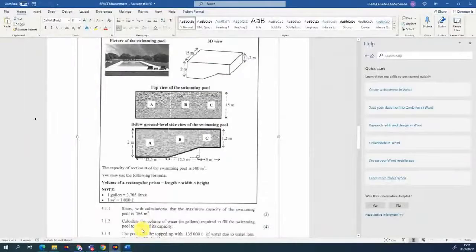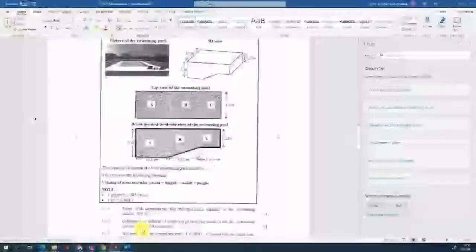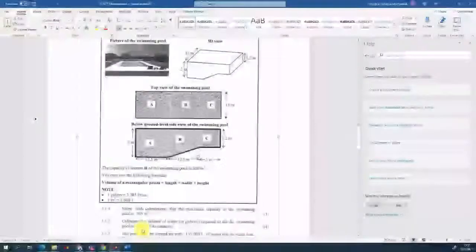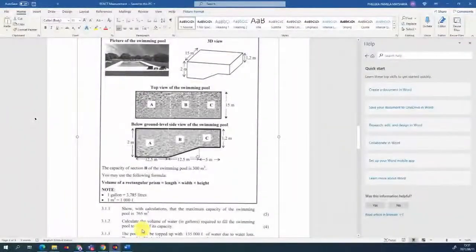So there are two things. You must first convert from cubic meter to gallons, or from liters to gallons. So the first thing that you can do, you can first work out what is 94% capacity.